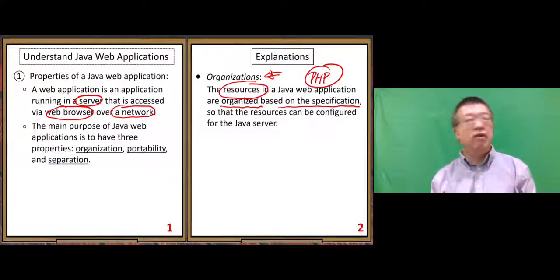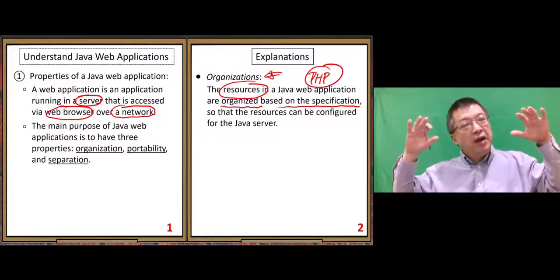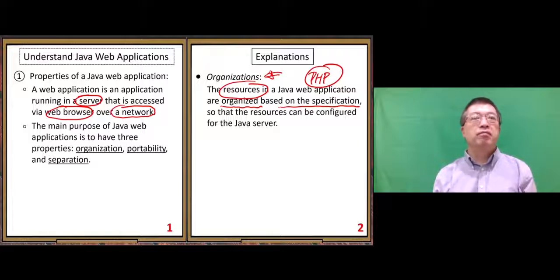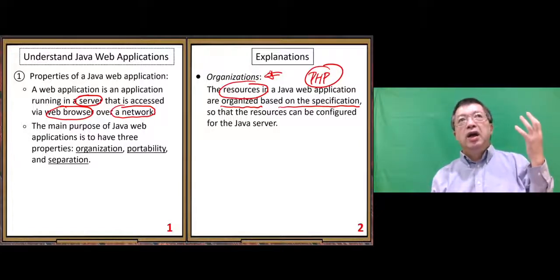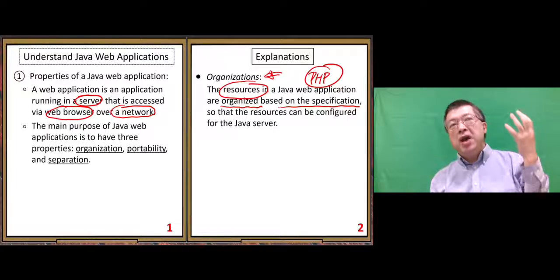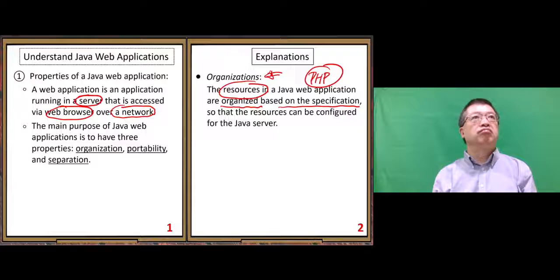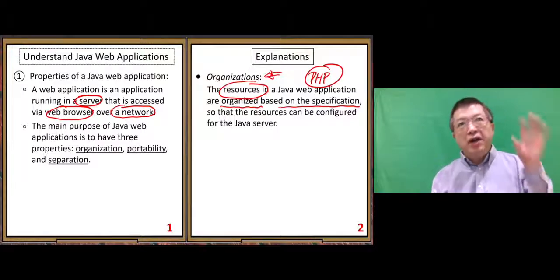But in our Java EE technology, we do things slightly different. The main reason is Java EE technology is more advanced than PHP web applications. The more advanced means it can have many advanced features, especially for enterprise level.